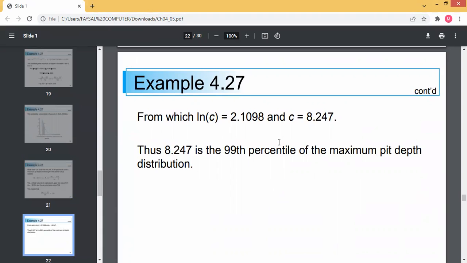How to find this? As log C equals this, taking the antilog on both sides, C equals 8.247, which will be the 99th percentile of the maximum pit depth distribution.